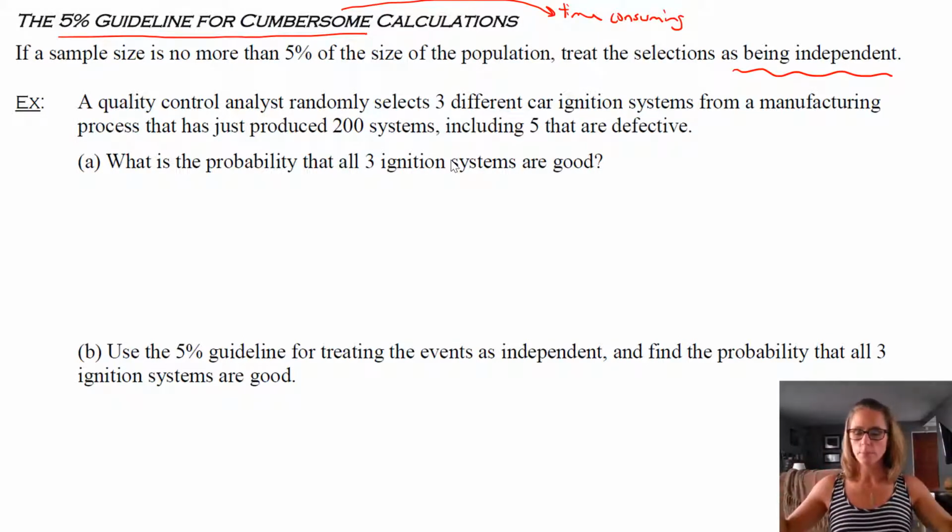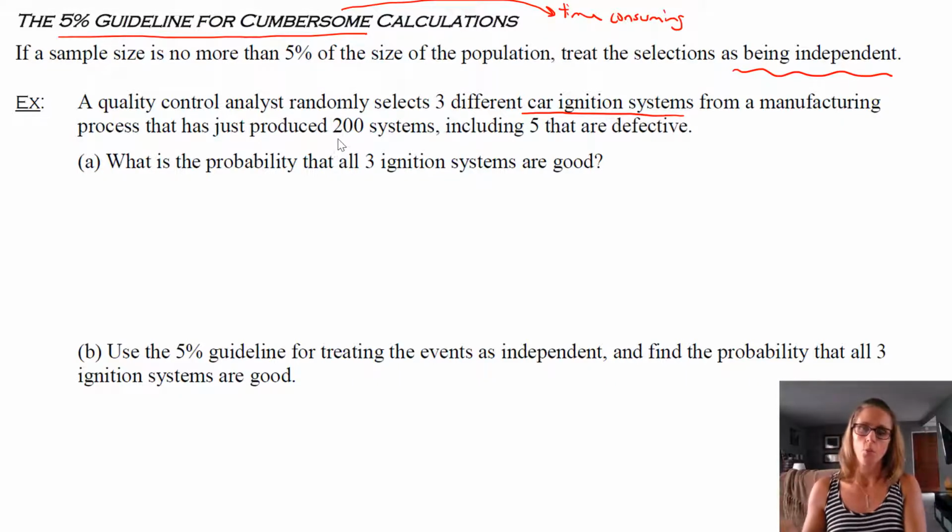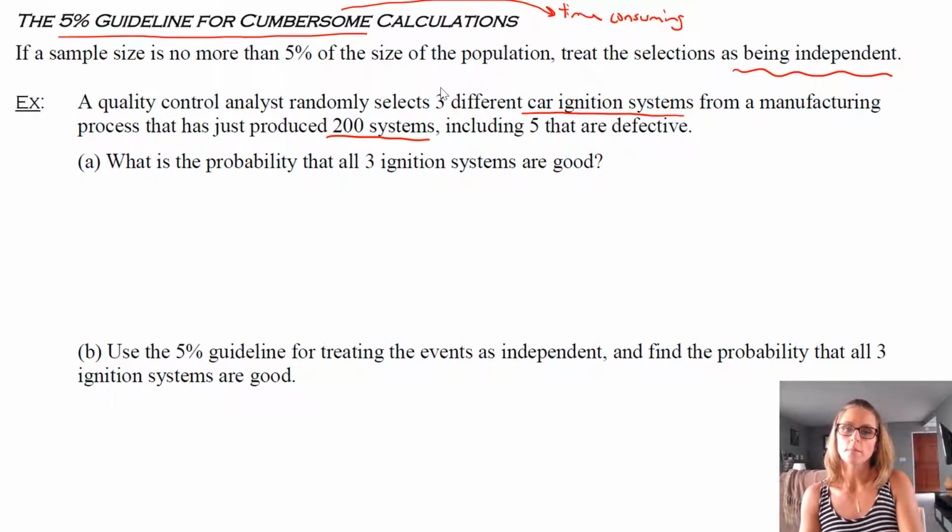If you're building tons of some item, you want to check them every once in a while and make sure they're coming out okay. So we're going to talk about something random, car ignition systems. This company has done 200 of the systems. They are going to randomly sample 3 of them.